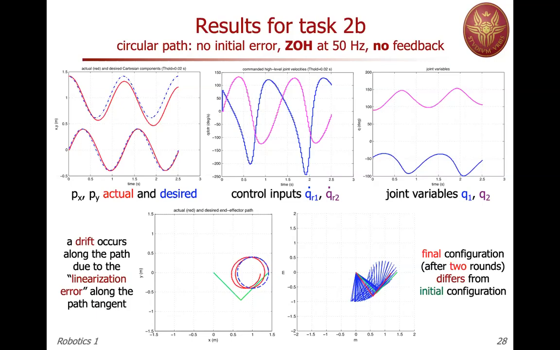A drift occurs along the path due to the linearization error. What is the linearization? Every time we are commanding a velocity which is along the tangent of the path. But this tangent changes continuously. If we are not updating this tangent frequently enough, then we will clearly get out of the trajectory.